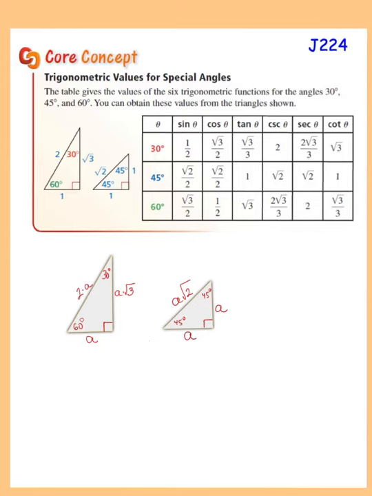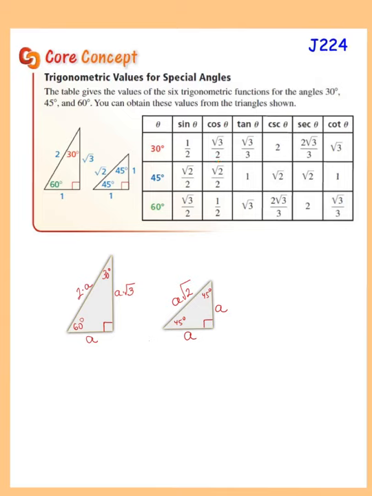So now if we find the trigonometric ratios of the different angles, we can see that for a 30-degree angle, sine is the opposite divided by the hypotenuse, which is 1/2. Cosine is adjacent divided by hypotenuse, which is root 3 over 2.